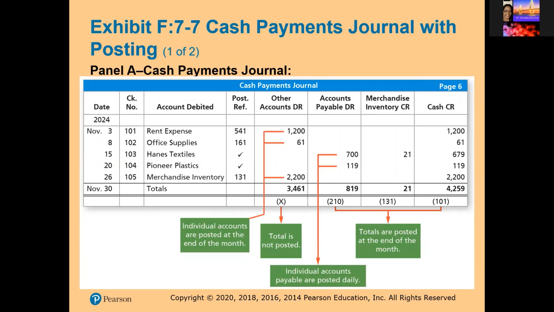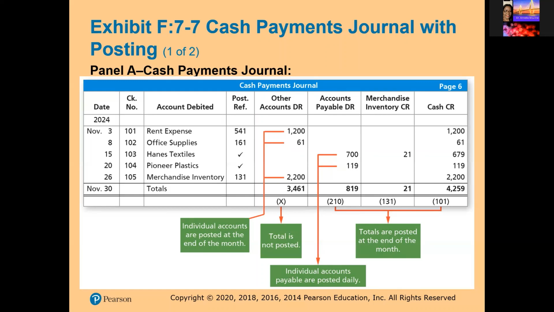Here in this exhibit, it shows the cash payments journal, panel A. In the next slide, you'll see the posting to the ledgers, which is panel B. The cash payments journal has two debit columns, one for other accounts and one for accounts payable. It has two credit columns, one for merchandise inventory, for purchase discounts, and one for cash.